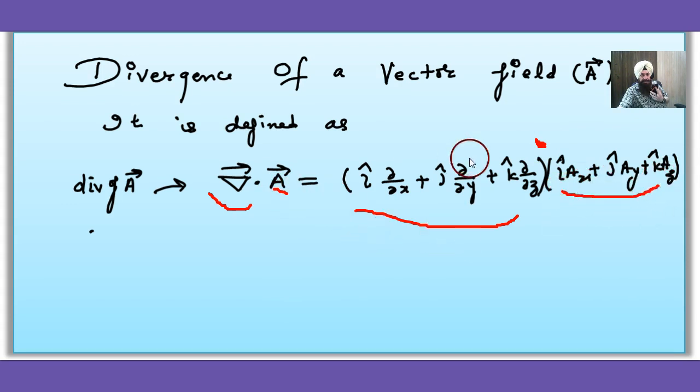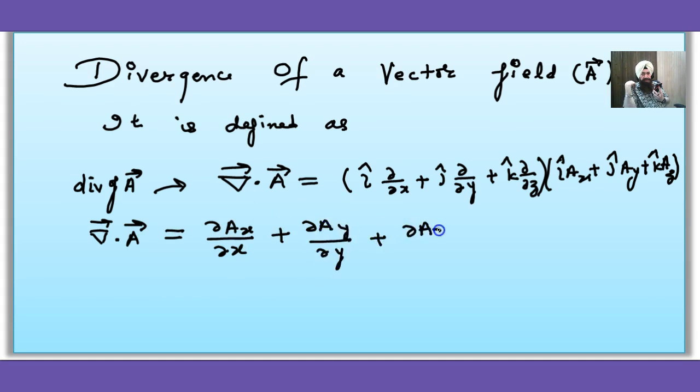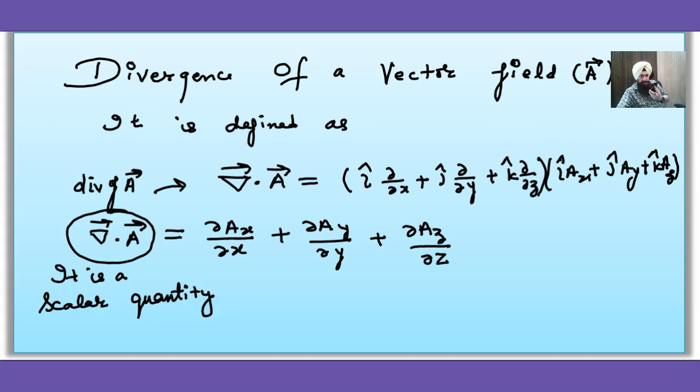So there is a dot product. I cap dot I cap is 1. So the divergence of a vector field becomes this. It is a scalar quantity because the dot product is a scalar product.